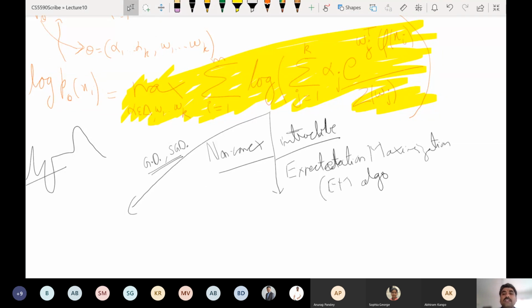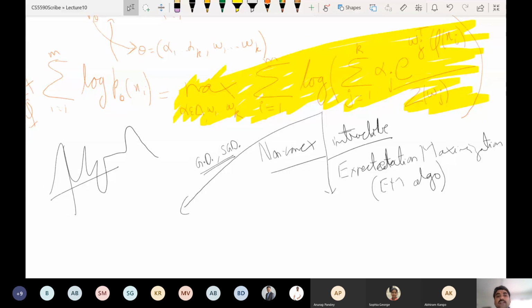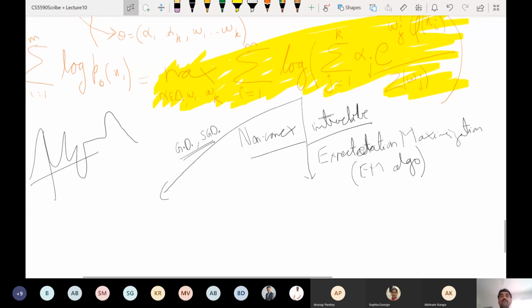So what is the EM algorithm? It is an alternative to gradient descent, something like gradient descent. Why am I talking about gradient descent? Perhaps most of you know intuitively what is gradient descent, so I'm comparing with that. It is something like gradient descent, which will give you a guarantee to reach a stationary point for this particular yellow highlighted optimization problem, which is in general intractable to solve optimally.